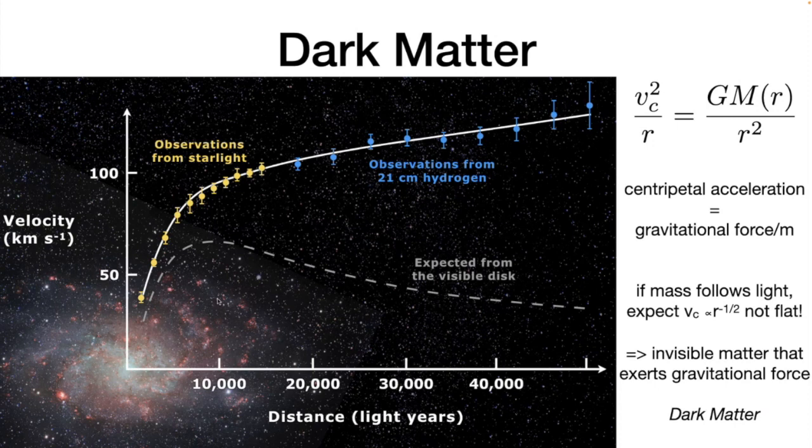If all the gravitating mass was emitting, you would have expected the rotation curve to fall like this, like a Keplerian rotation. But you observe it like this. So what it means is there's some sort of invisible halo of matter which is dominating the mass of this galaxy, and that's giving rise to this. So this is one of the evidences for dark matter.